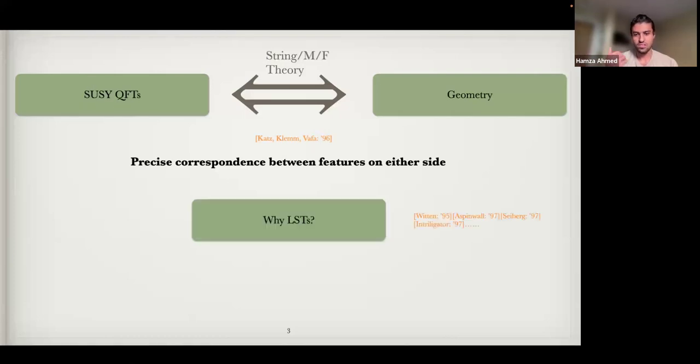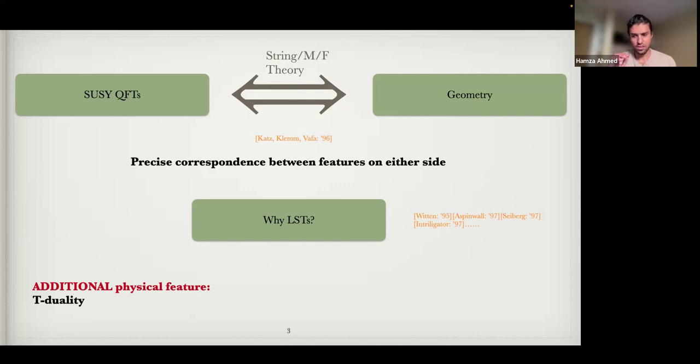So the question then arises, why am I interested in this specific case? You can think of LSTs as a specific kind of quantum field theory in 6 dimensions. The reason we are interested in these theories is that they have an additional physical feature that other quantum field theories don't have, which is known as T-duality.